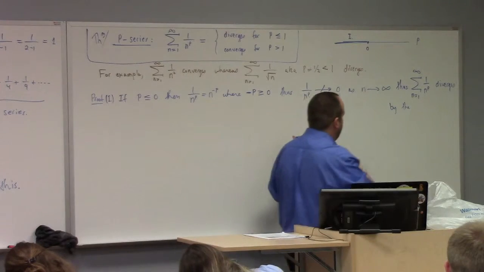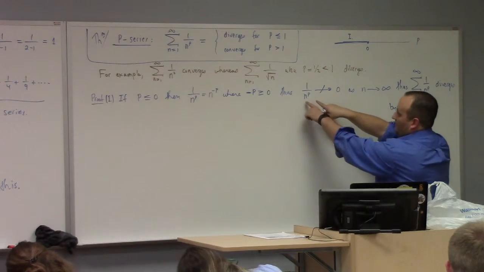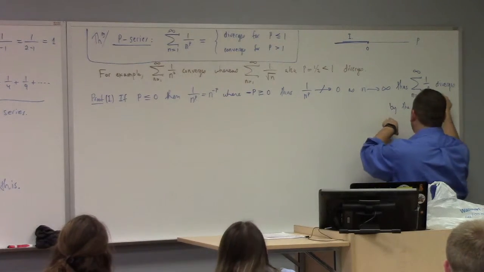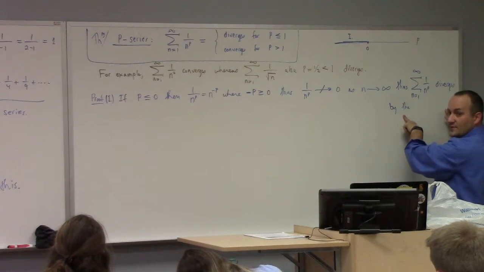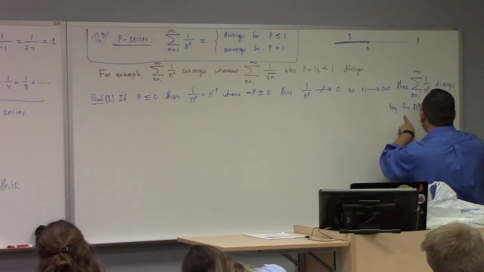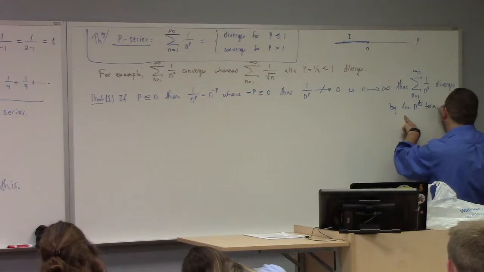Why do I know that this diverges? I've argued that 1 over n to the p does not go to 0. Therefore, this series diverges by the what? Nth term test, right?